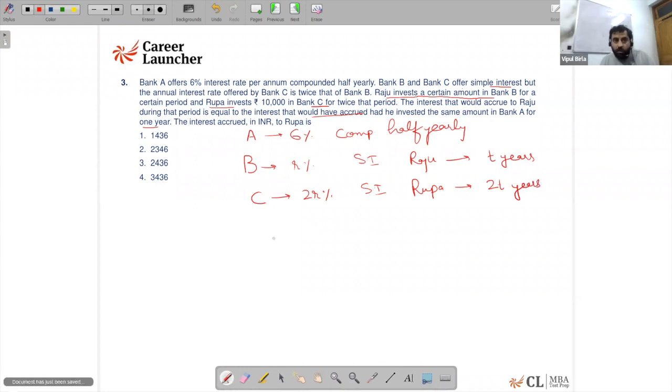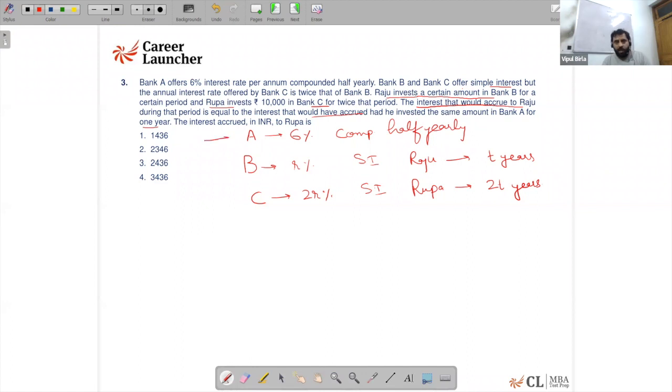Okay. And now they've also given you one information which is very, very important. The interest earned by Raju during the period is equal to the interest that would have accrued had he invested the same amount in Bank A for 1 year.